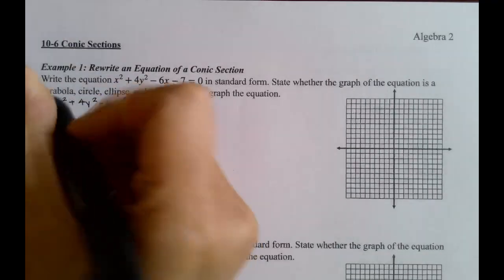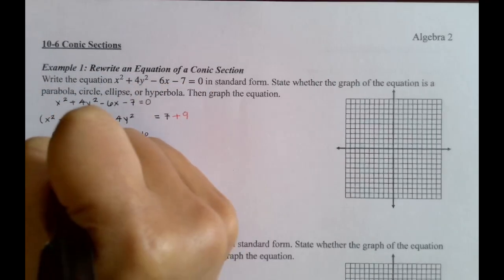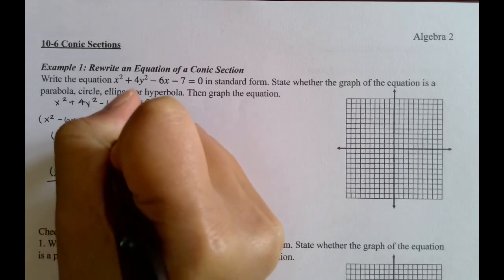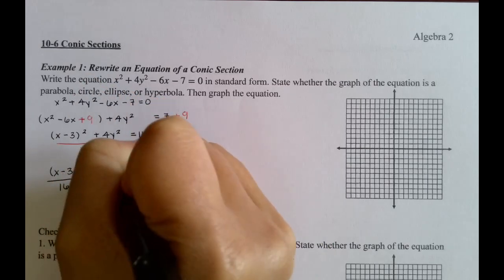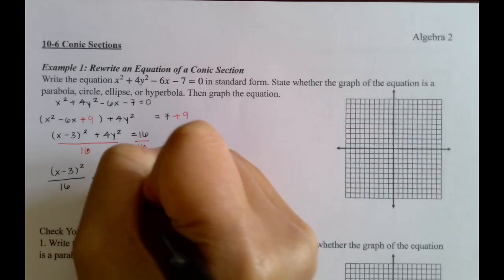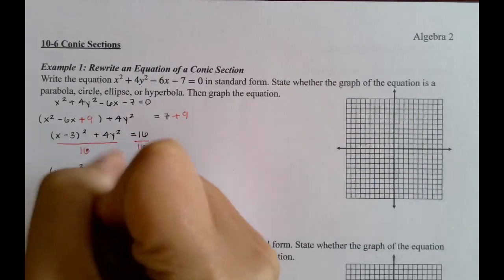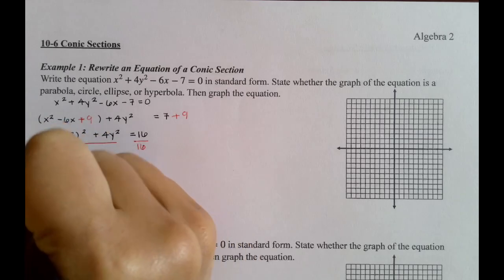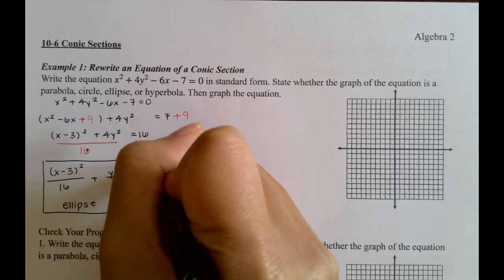This gives me x minus 3 squared over 16, and then the 4 over 16 becomes 1/4, so this is y squared over 4 equals 1. And so this tells me it's an ellipse. Now I'm going to graph.